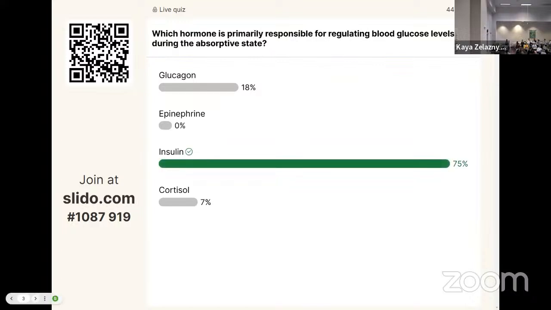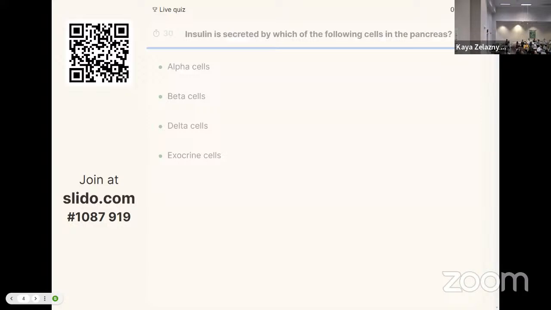Okay, great. Yeah. Our two hormones we're interested in are insulin and glucagon. Insulin is corresponding to our absorptive state. Okay, so where's that insulin coming from?